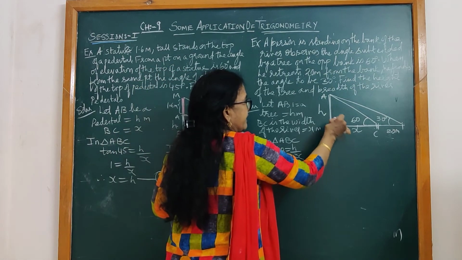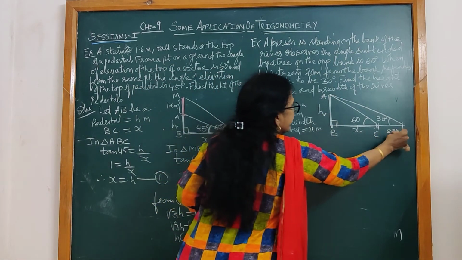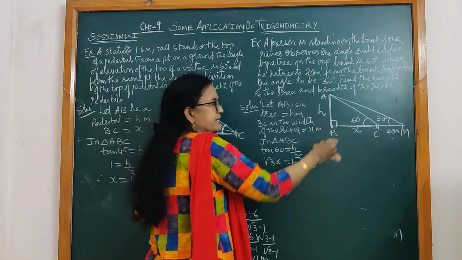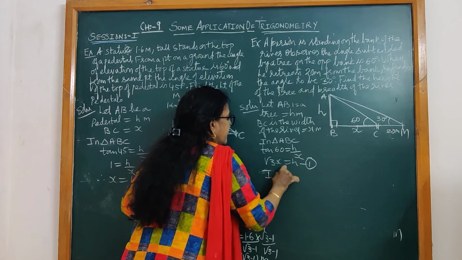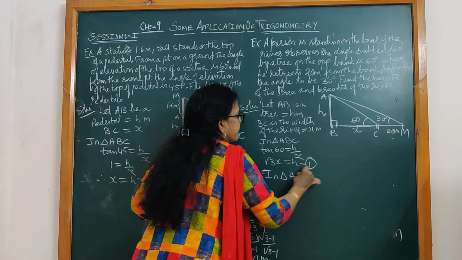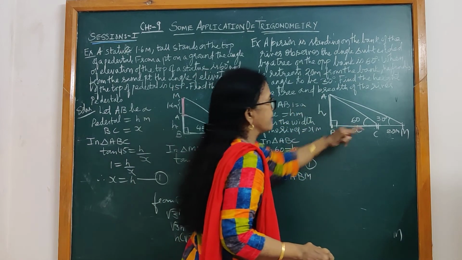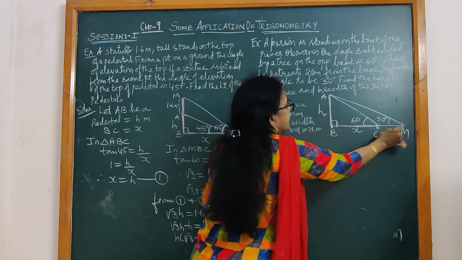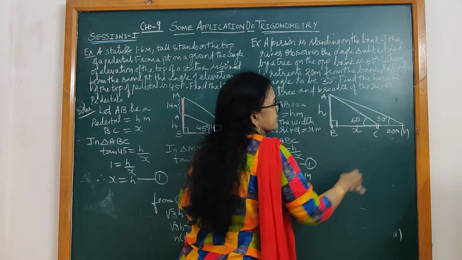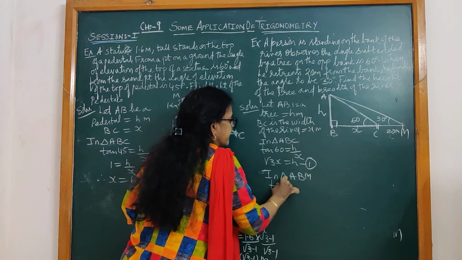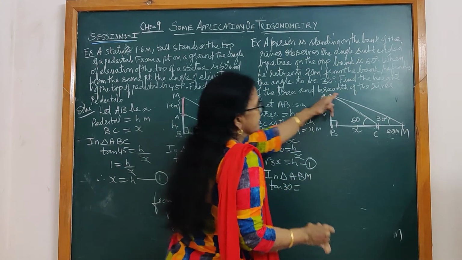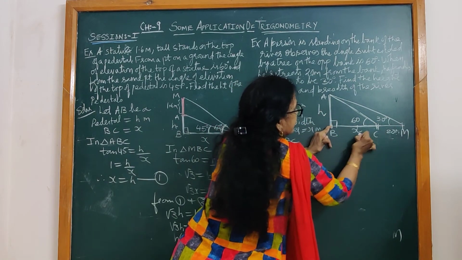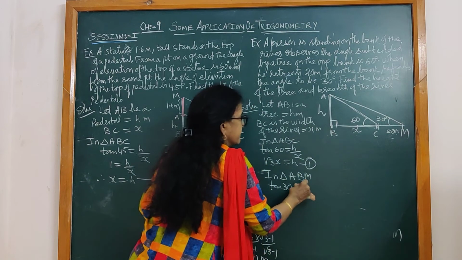Now we will take triangle ABM. You have retreated 20 meters, so in triangle ABM, forget the earlier one. Don't look at this, just see this triangle ABM. Tan 30 will be equal to h upon this, which becomes your adjacent, x plus 20.